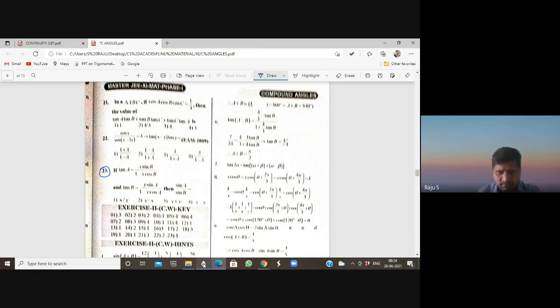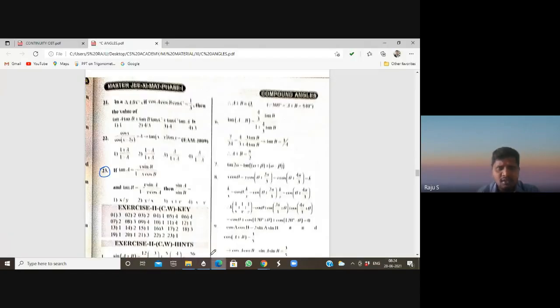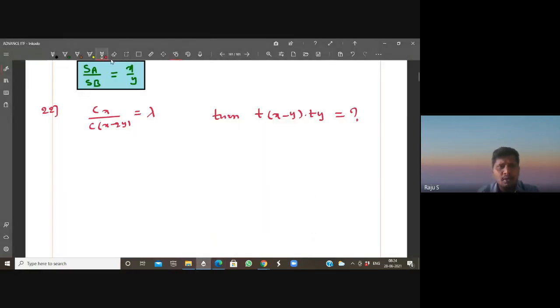Students, let us verify the first option, (1 plus lambda) by (1 minus lambda). There is a formula called componendo and dividendo. When A by B is equal to C by D, it can be written as (A plus B) by (A minus B) equals (C plus D) by (C minus D).